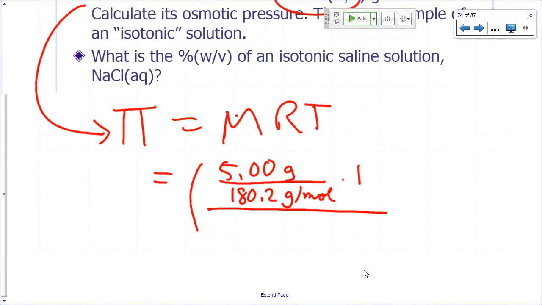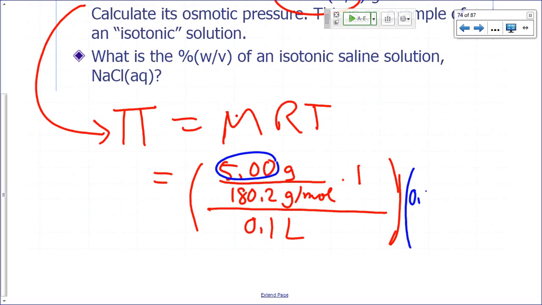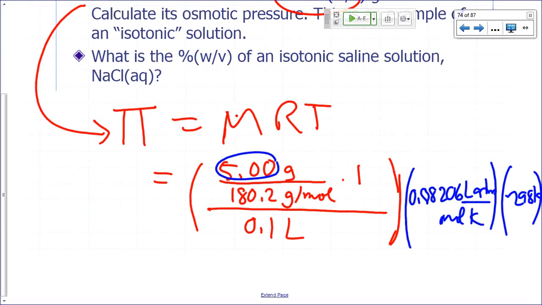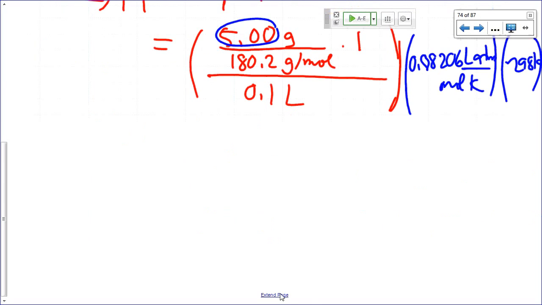What's my volume in liters? 0.1 liter. Now that 0.1 liter is exact. My sig figs are in the 5.00, 3 sig figs. So what's my R? 0.08206 liter times atmosphere per mole per Kelvin. And my temperature is 298 Kelvin.